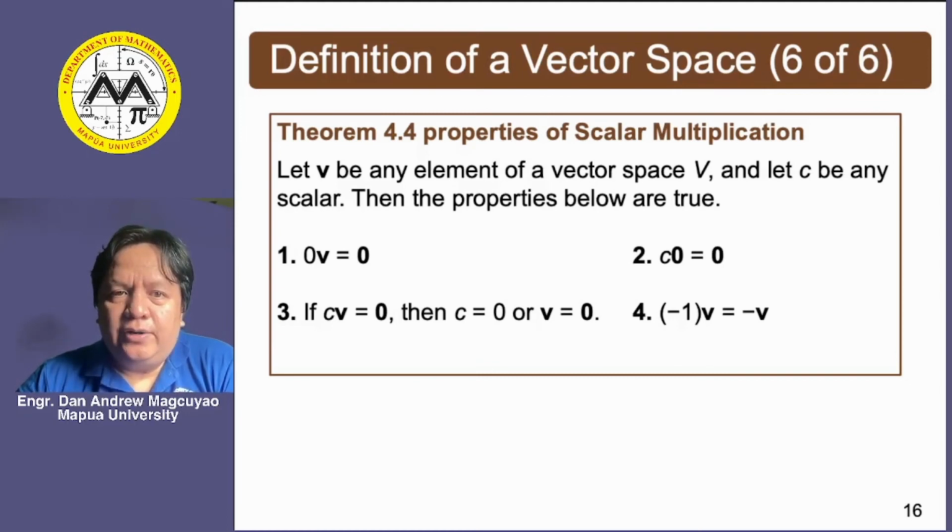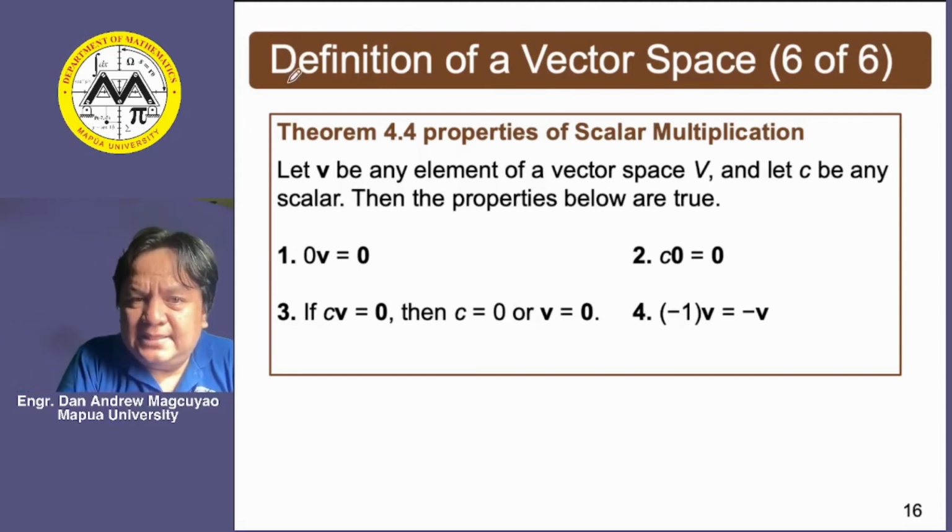Let us consider theorem 4.4, which is about properties of scalar multiplication. Let v be any element of the vector space V, and let c be any scalar. Then the properties below are true. 0 times any vector is a 0 vector. And a constant multiplied to the 0 vector is a 0 vector.